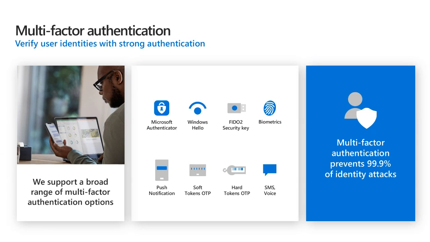We won't get into the different ways of sending, push or soft token, hard tokens, or anything like that, but just the key that, if you have MFA, that is the number one key in protecting against identity attacks. Almost 100% of them can be mitigated. I say almost, it's 99.9, for that.